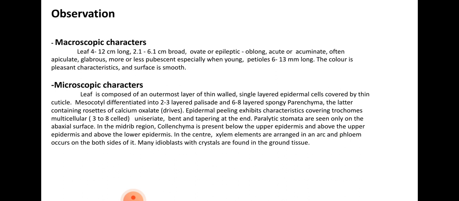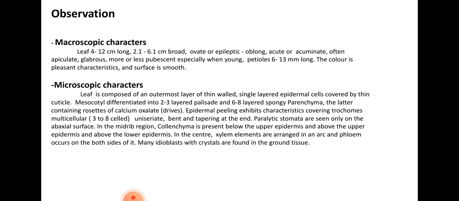Petiole of this plant is 6 to 12 mm long. Color of this plant is green with a pleasant characteristic and the surface is smooth in nature. Microscopic characters. The leaf is composed of an outermost layer of thin-walled, single-layer epidermal cells covered by a thin cuticle, mesophyll tissue differentiated into 2 to 3 palisade layers and 6 to 8 layers of spongy parenchyma.